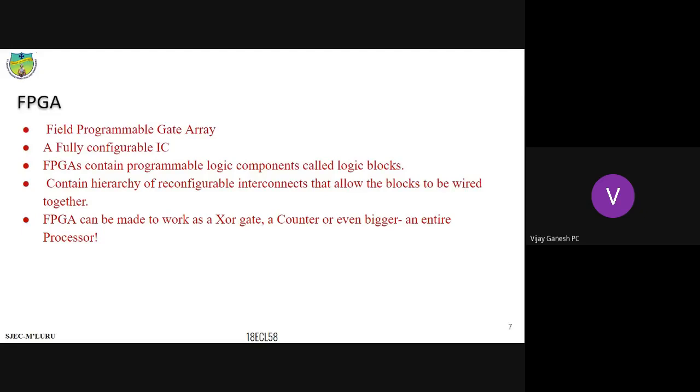Along with that, it has memory, that is flip-flops, and some 1K of RAM will be available for us. So whatever code we are writing will convert into equivalent lookup tables and it will be dumped in the FPGA. That is easy for us to test our logic first. If the testing is done properly at the implementation stage, then we can straight away go for fabricating an IC. This is the reason why we need to use the FPGA.